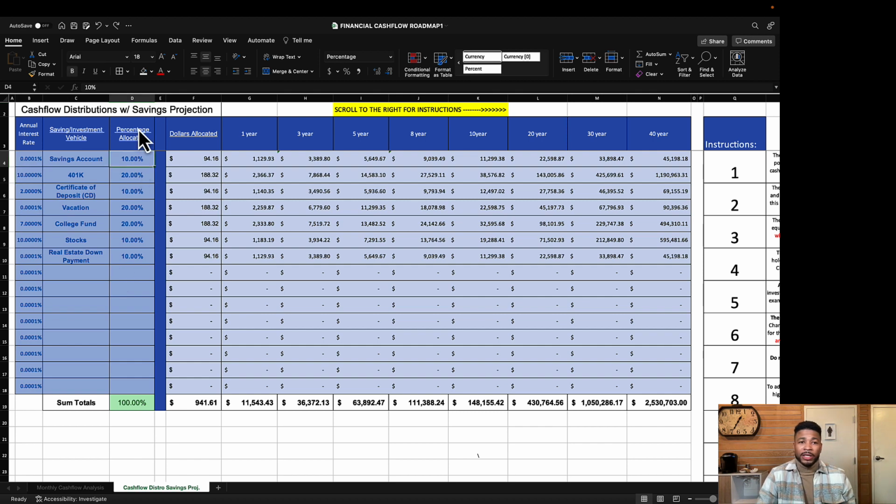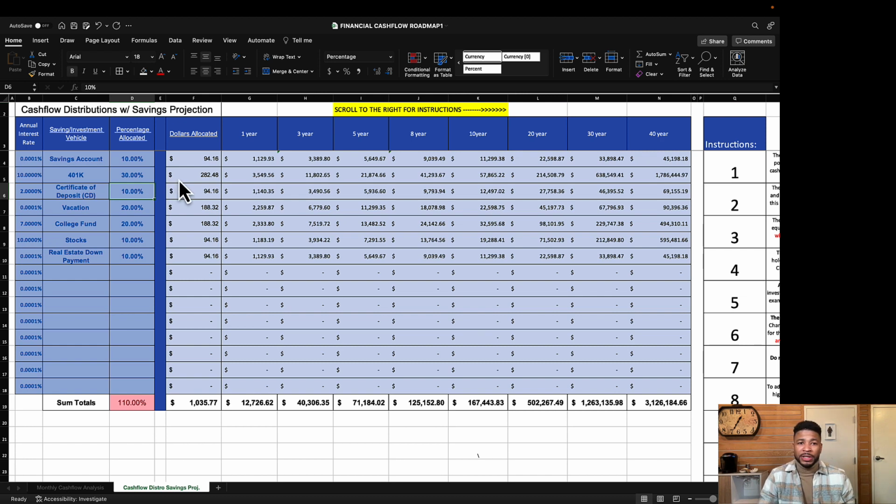Now here is the percentage allocated. This is also an arbitrary number that changes based off of our strategy. So if I want to invest more into my 401k, I can say I want to invest 30% of my monthly cash flow into my 401k, because I know that on average it's going to provide me at least 10% of interest, right?